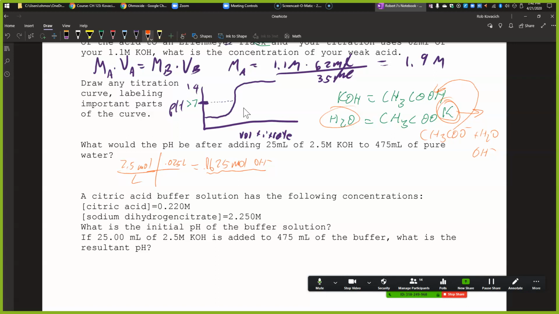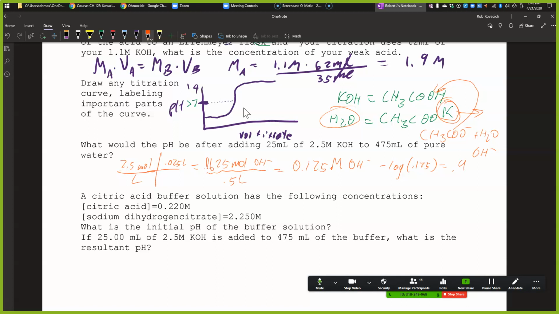And then I'm going to divide this by half a liter. Divided by 0.5, so this is going to be 0.125 molar OH. And if I take the negative log of this, I get 0.9.